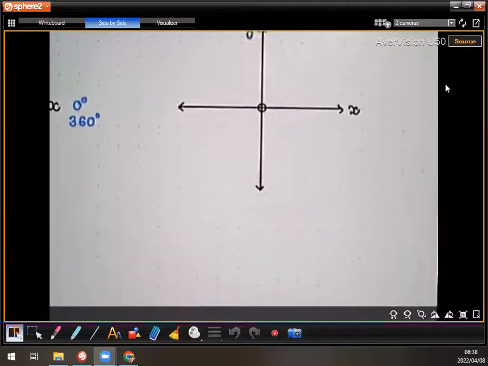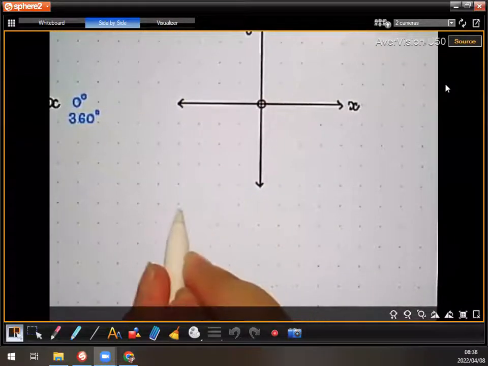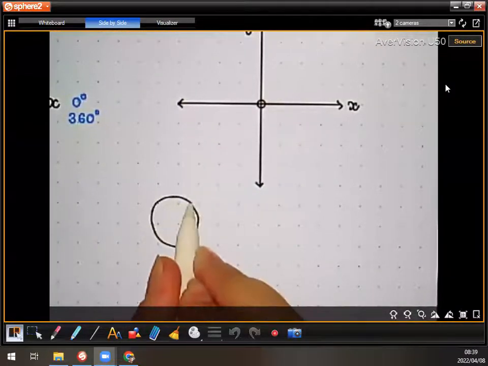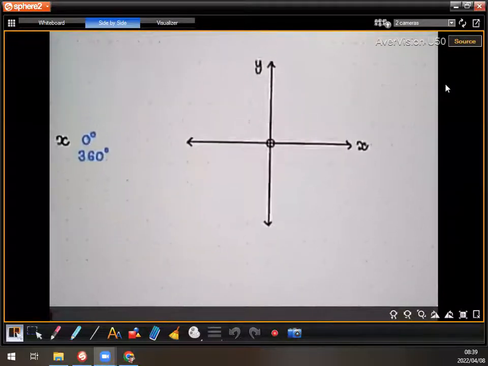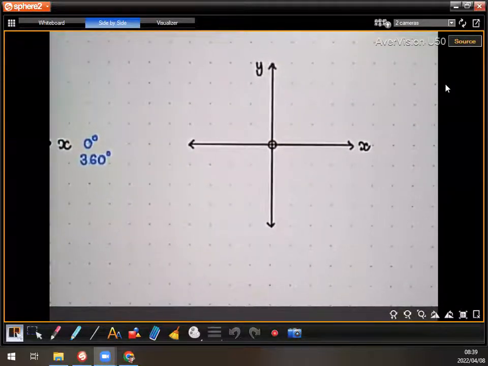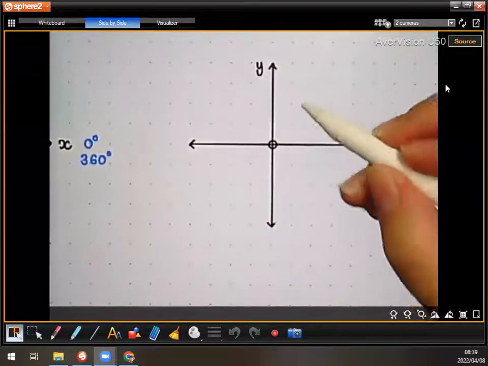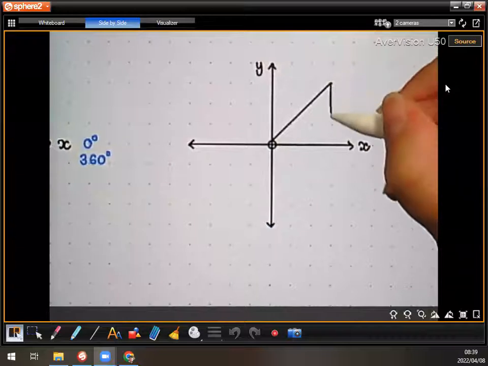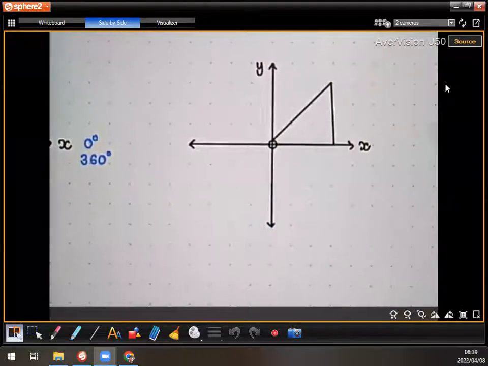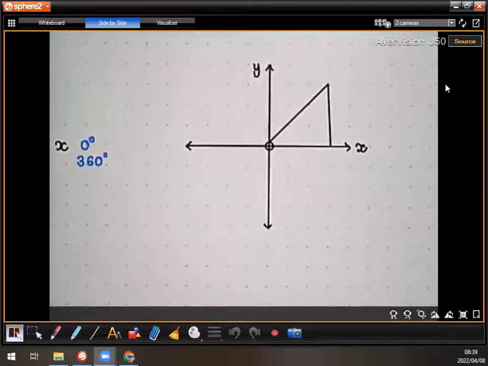Okay, guys, we are just drawing a right angle triangle like that.